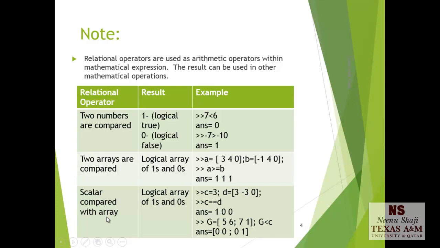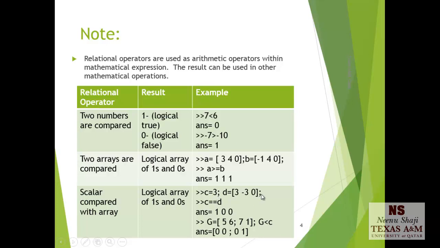A scalar can be compared with an array. Then each number in the array is compared with the scalar. So C equals 3 and D equals 3, -3, 0, C double equal D. So this 3 is compared with the first element in D, which is 3, so the answer is 1. Then again this 3 is compared with -3, so it is 0, because they are not equal.